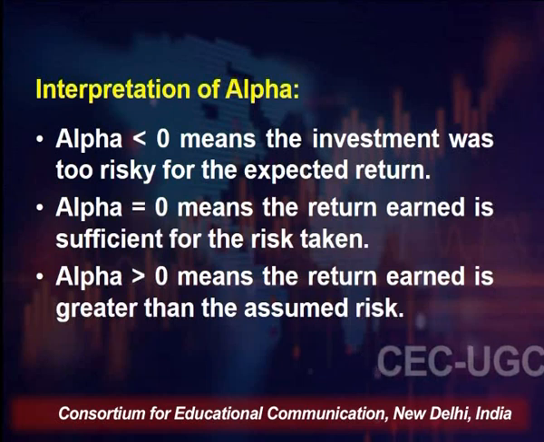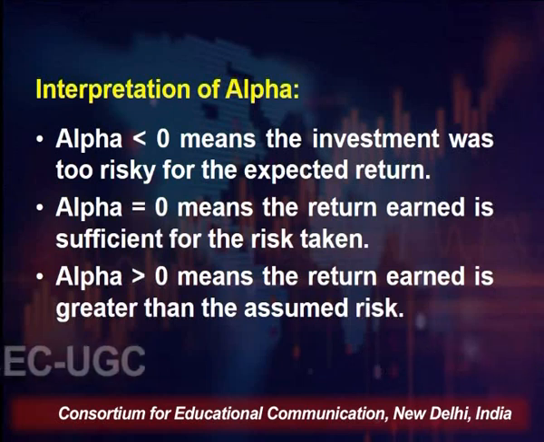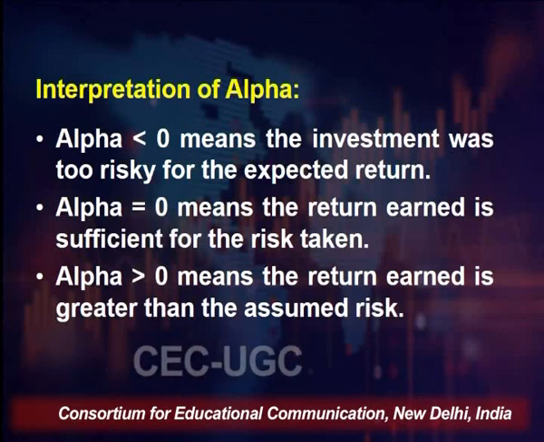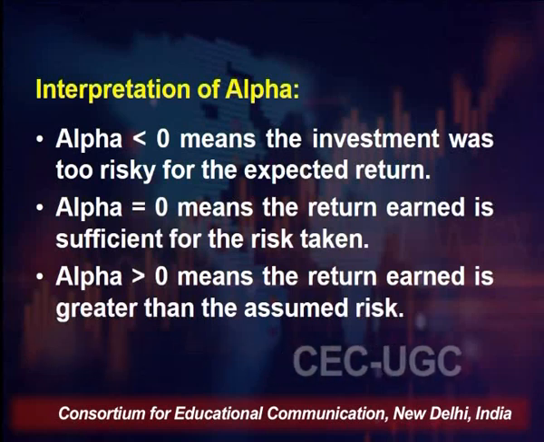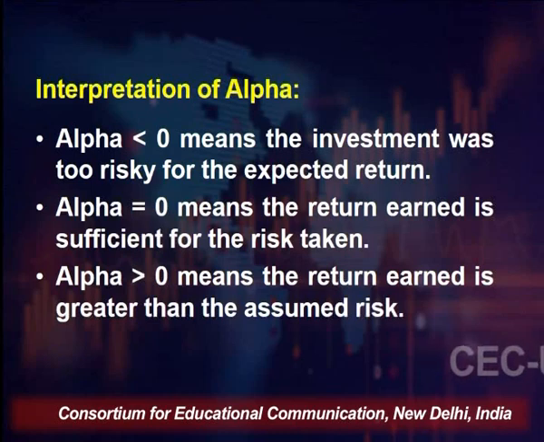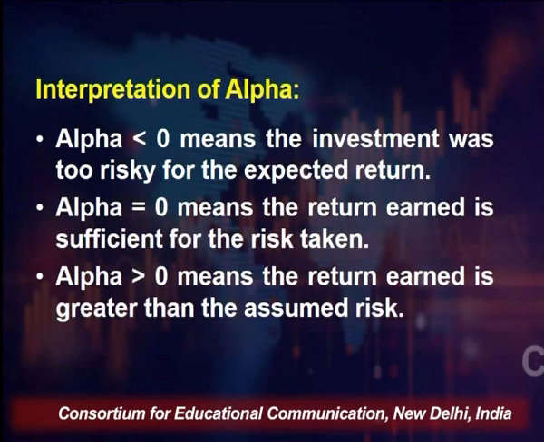So Jensen's alpha is a good measure of risk. If alpha is less than 0, the investment was too risky for the expected return. As I was saying, risk-adjusted return is how much return you expect for each unit of risk you have taken. So if alpha is negative, the investment was risky. Alpha is 0 means the return earned is sufficient for the risk taken.